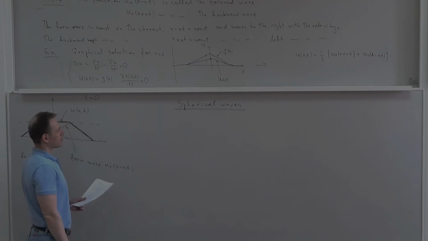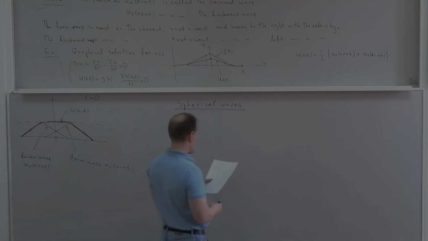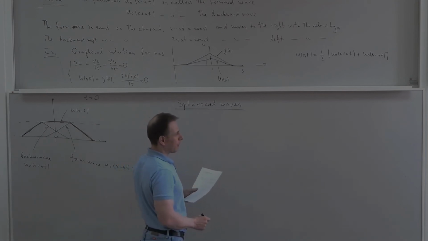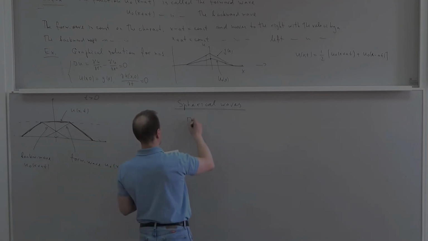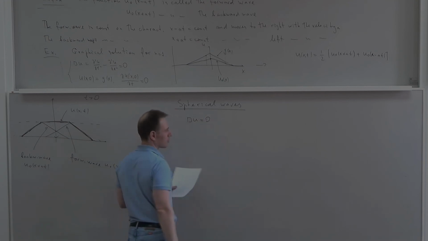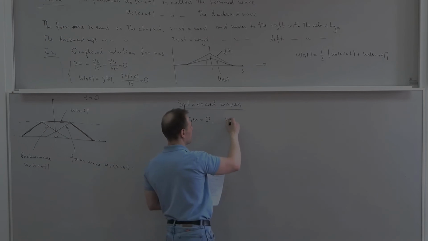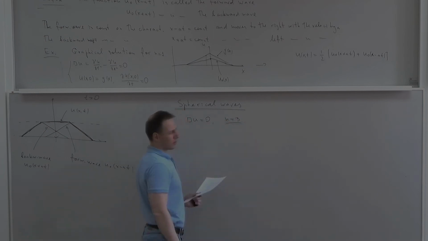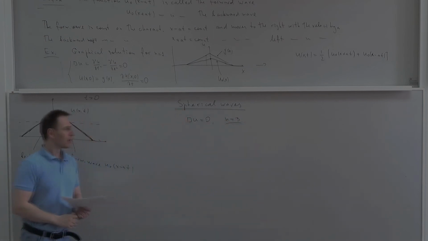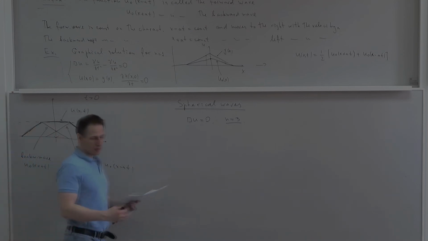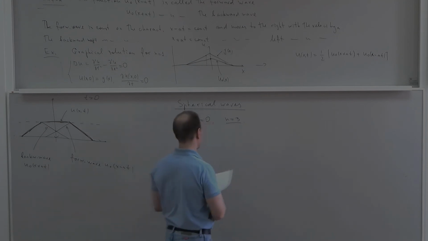Let us consider the solutions of the homogeneous wave equation, and we will consider only the case n is equal to 3, and I will comment on the cases when n is equal to 2 or 1 further.